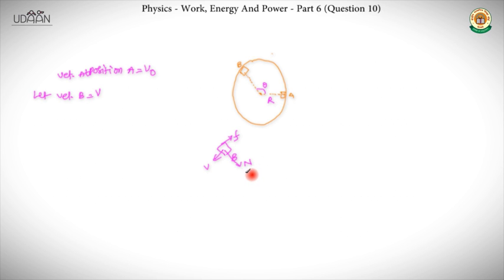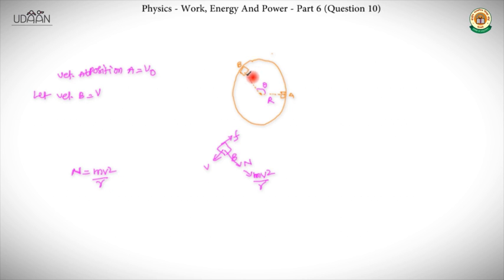Since it is moving in a circular motion, there is a centripetal force equal to mv square by r. Here m is the mass of the body. So the normal reaction is equal to mv square by r.